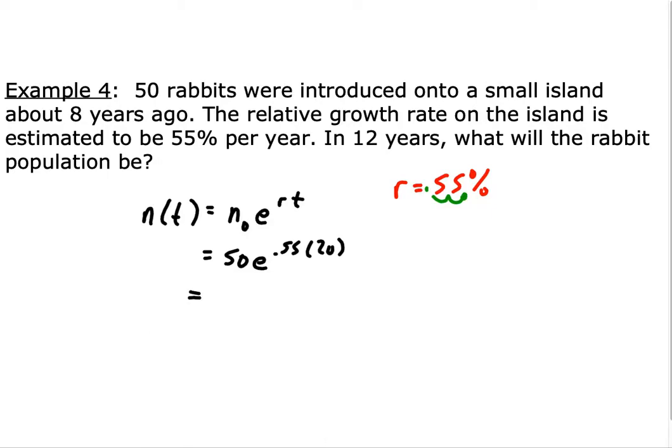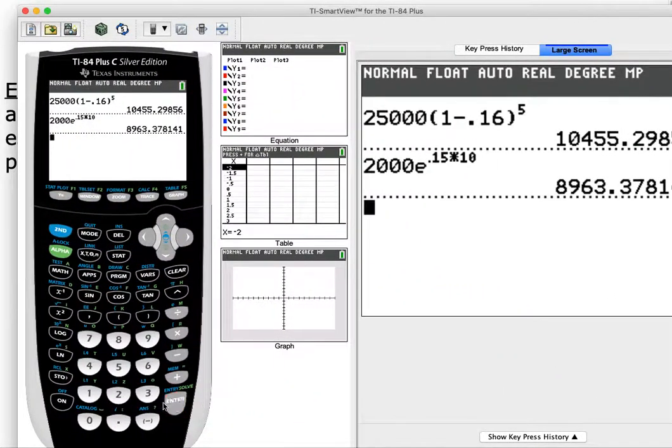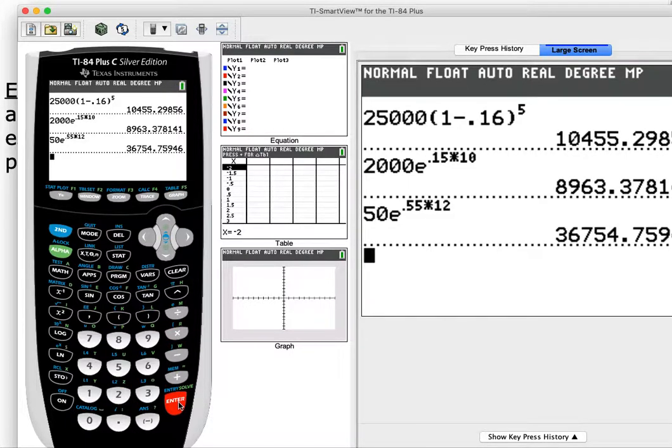So let's plug that in. I've got 50 E, so second ln, and then 0.55 times 12. Oops, sorry, I wasn't supposed to put in 12, I was supposed to put in 20.